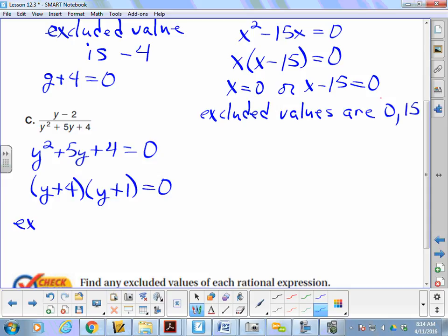So the excluded values here are -1 and -4. Once we have them in factored form, then we're looking for the opposites.